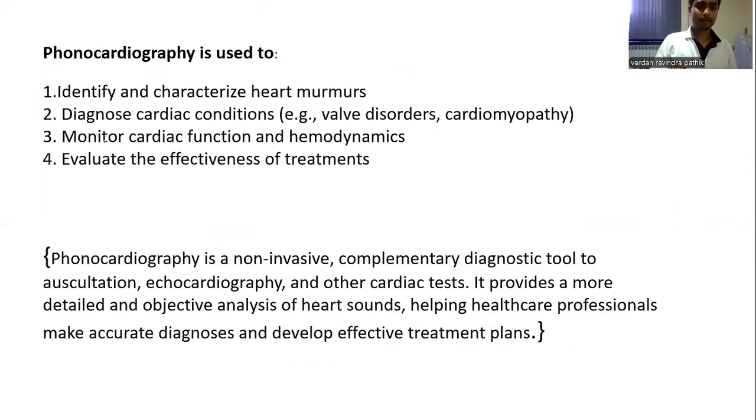Now, identify and characterize heart murmurs. These are the uses of the phonocardiogram: diagnose cardiac conditions like valve disorders and cardiomyopathy, monitor cardiac function and hemodynamics, and evaluate the effectiveness of treatment. Right? This is also a non-invasive, complementary diagnostic tool.